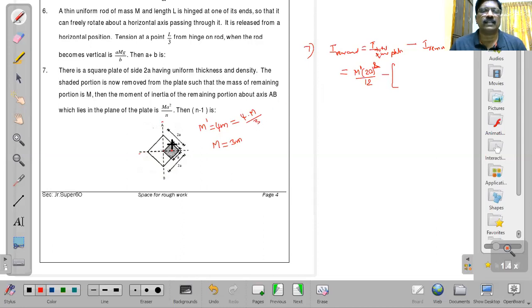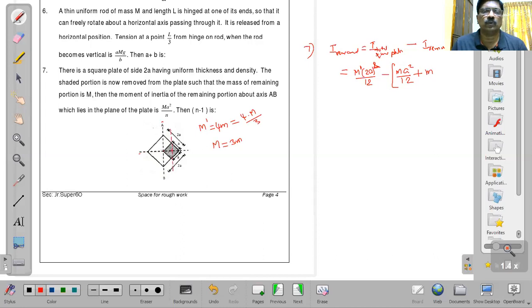But l means side, and the side is equal to a here. That's why m into a square by 12, plus mass m into the distance between the two parallel axes squared.